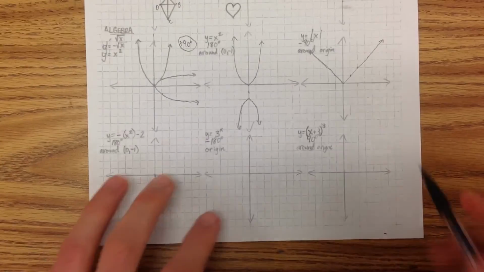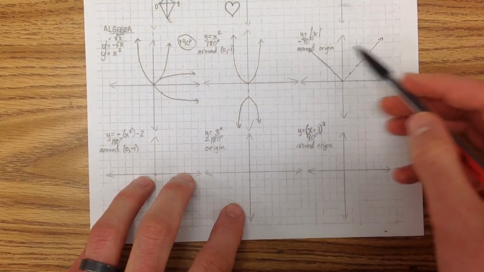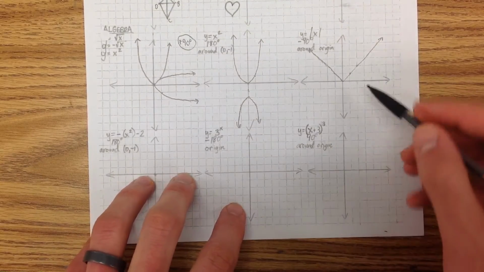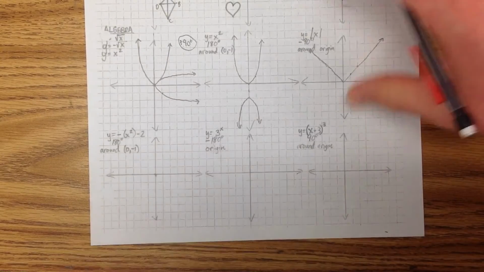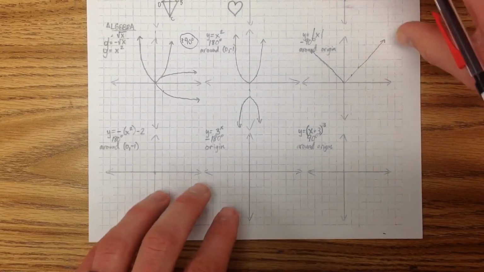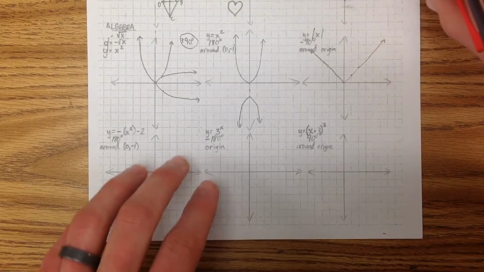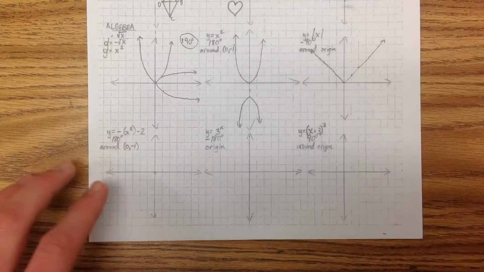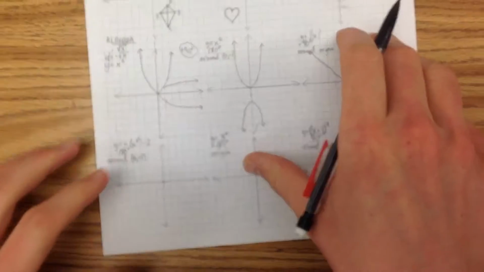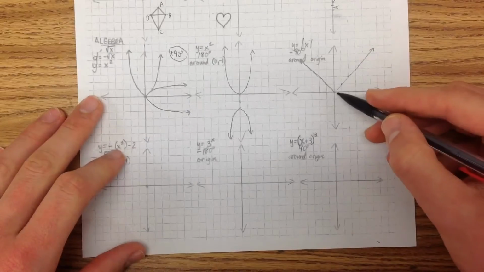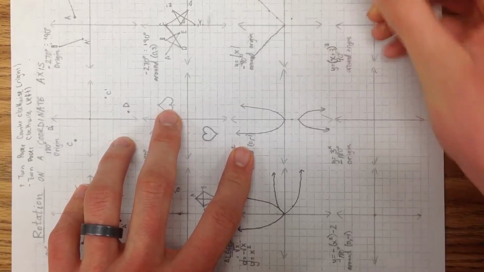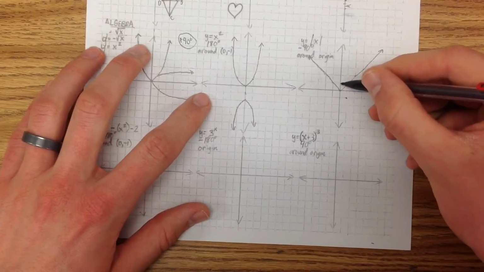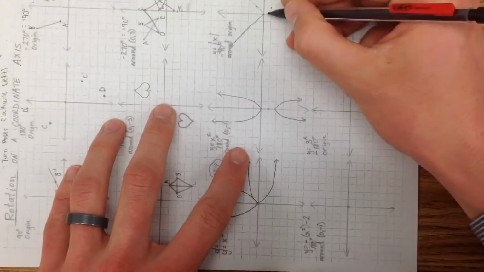So negative 90, instead of going this direction, now it's going this direction. So this point is up one, left one. So turn it like this. So I went up one, right one. So that means I go up one, right one for this point. And that point obviously stays. Do the same thing here, up one, left one. Okay, cool. I go up one, left one.